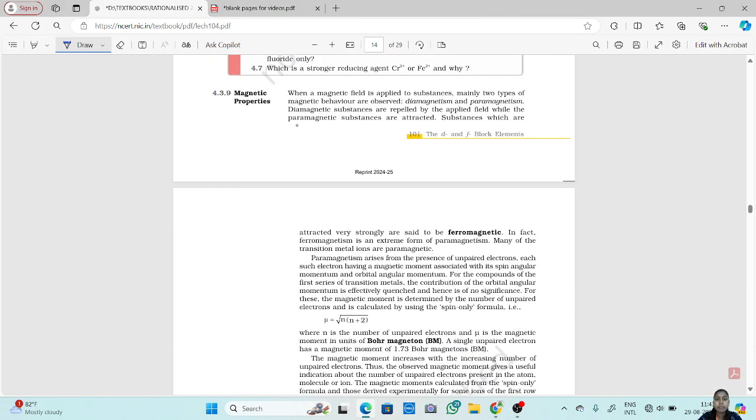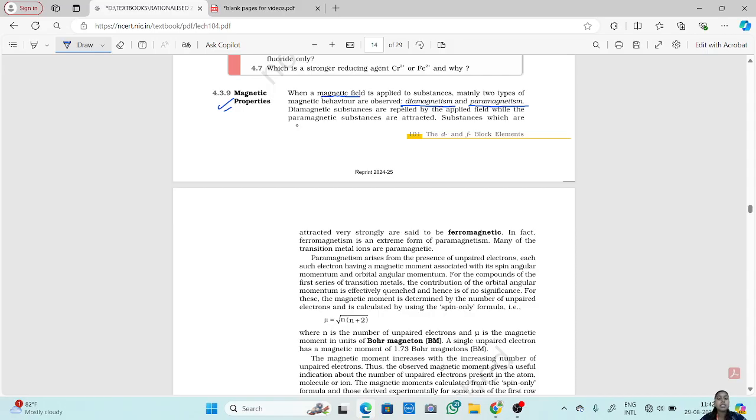Now next is the magnetic property. When a magnetic field is applied to a substance, mainly two types of magnetic behavior are observed: diamagnetism and paramagnetism.